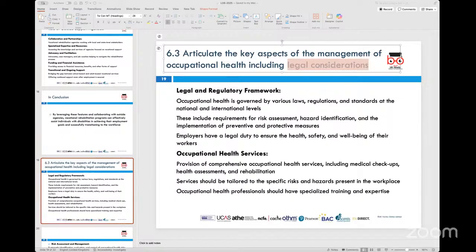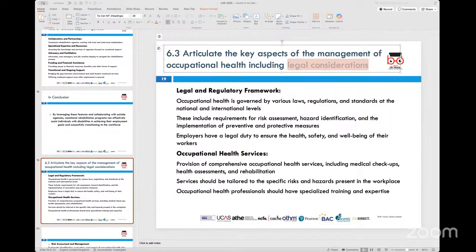And you are legally bound to implement measures which can control and identify potential hazards which have the ability to cause harm to employees, employers, or even people visiting the premises, and they would all fall under what is called legal considerations.